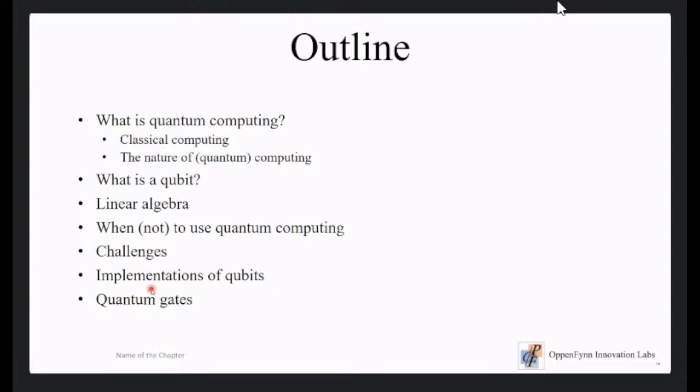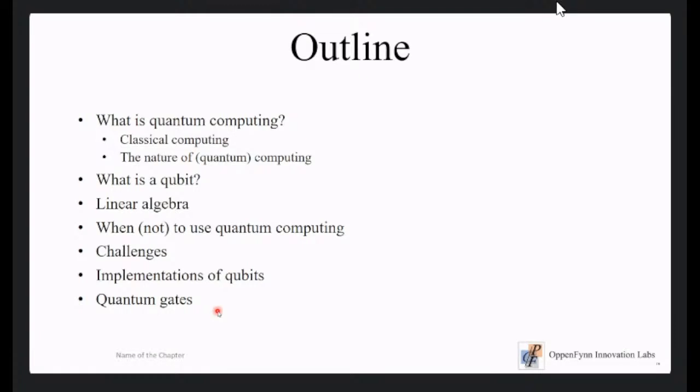And just like you have gates in classical computing, we also have quantum gates. These are very similar to classical gates. Quantum gates will probably come tomorrow, but in classical computing we have AND, OR, NOT, and all. Some gates are exactly the same as in classical computing.